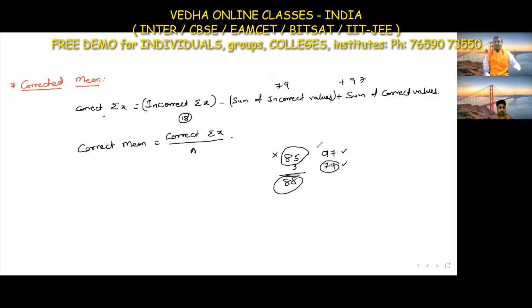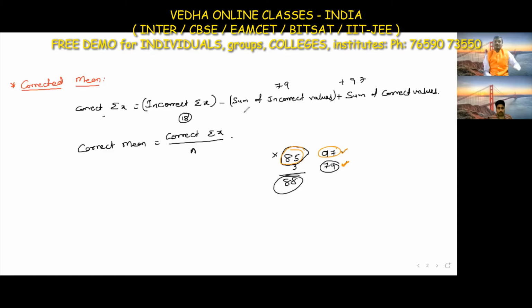For example, I am taking one example here. Your average marks is 85, and instead of 97, one of the observations was replaced with 79. Instead of taking 97 in your mathematics marks, you took 79. Then your average will change. Then how to find out the correct mean?